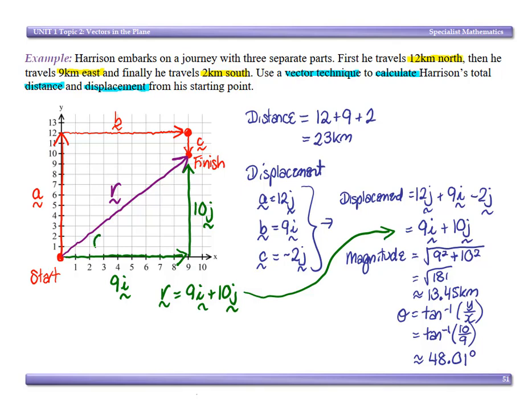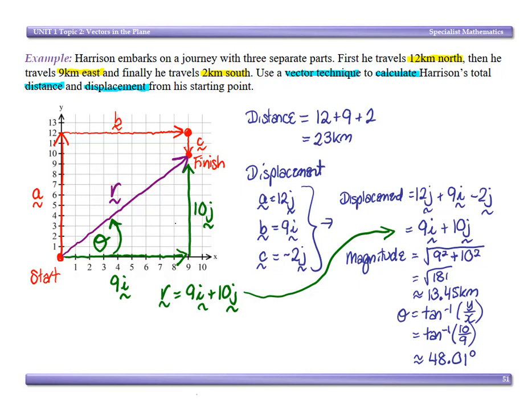The angle theta is this angle here, which is my opposite over my adjacent. Now it doesn't actually ask for bearing either, I just read the question. Use a vector technique to calculate Harrison's total distance and displacement from his starting point.